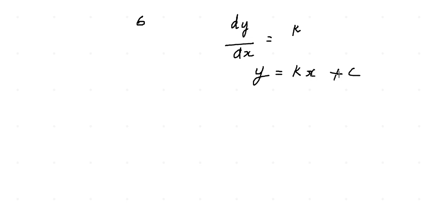Okay, so that is the formula given to us. So this will become 6x plus c, and don't forget to put the plus c because it can be a constant.